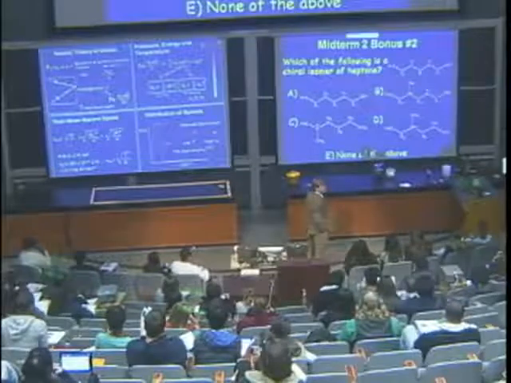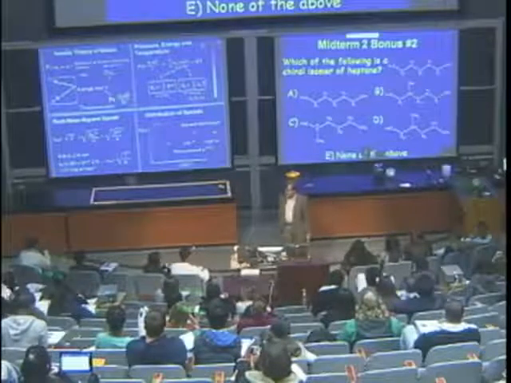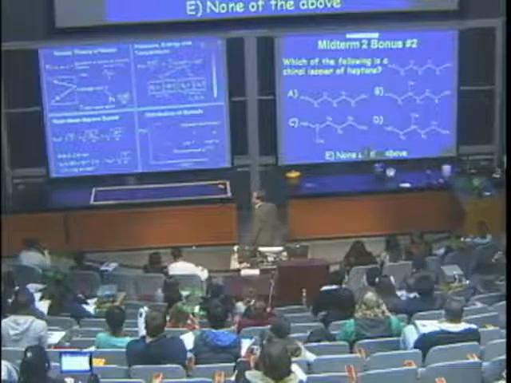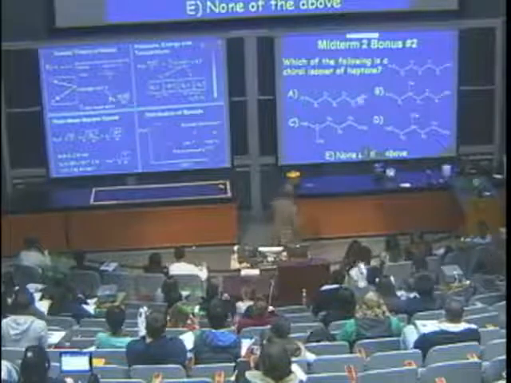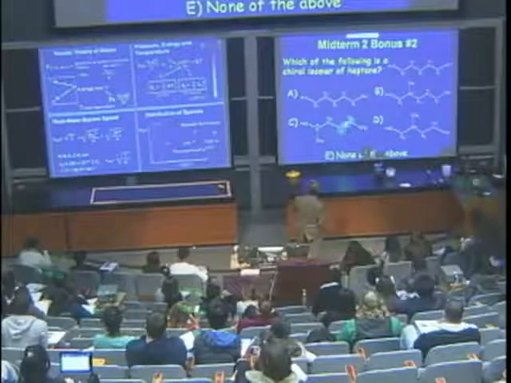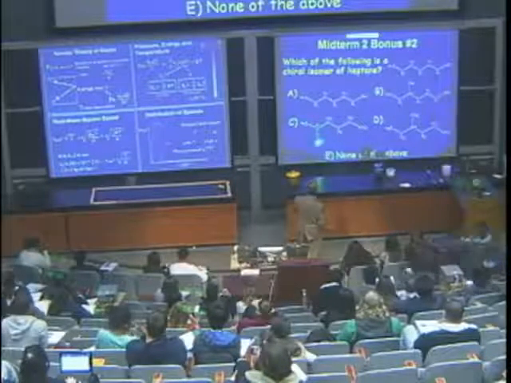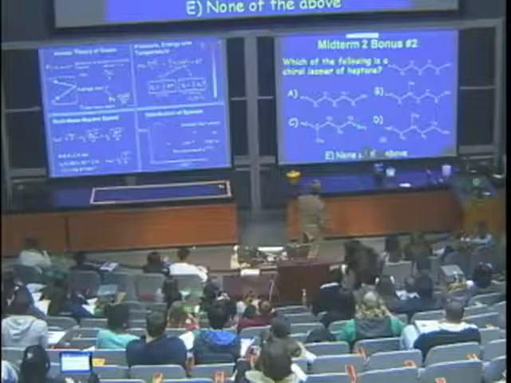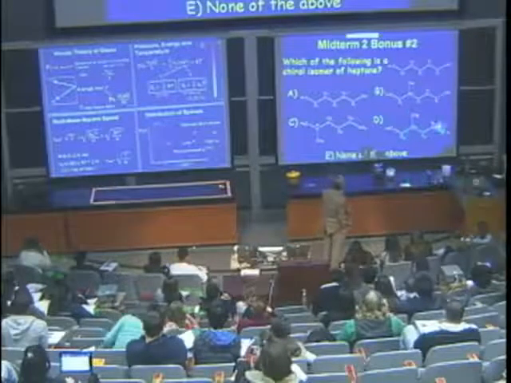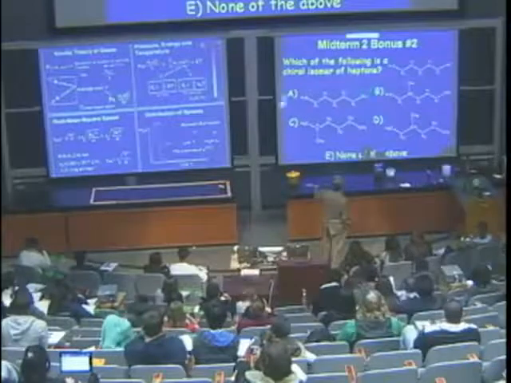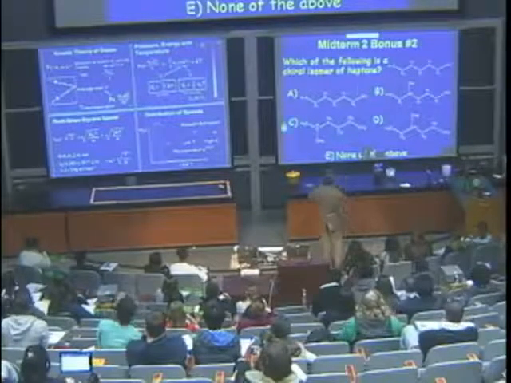Out. That's not an isomer, okay? It has a chiral center though, but it's not an isomer. This is 2, 4, 6, 7. Okay, these 3 here are isomers of heptane.